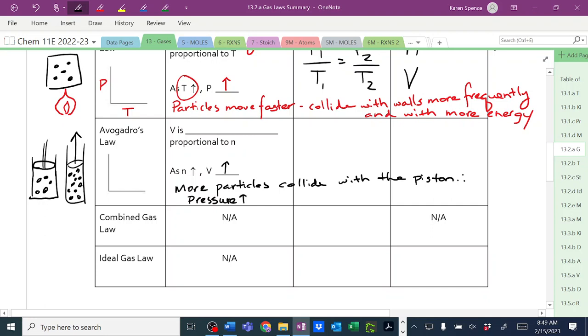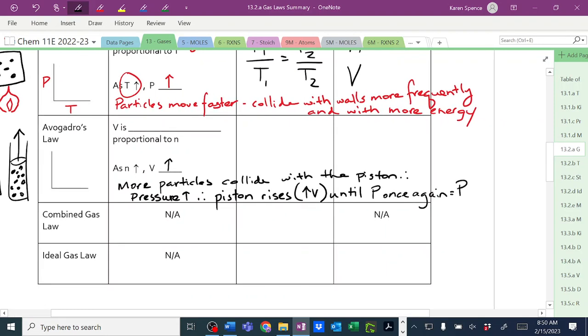Okay, so more particles are going to collide with the piston, therefore the pressure is going to increase, but then the piston is going to move until the pressure is once again equal to the pressure of the atmosphere. Okay, so we are keeping pressure constant.